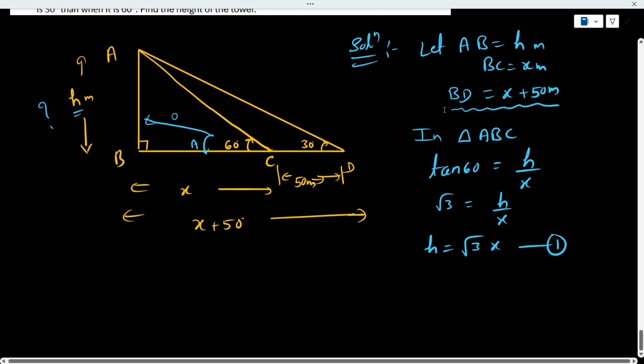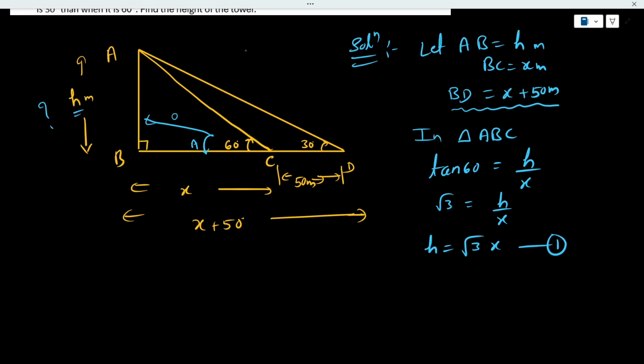And after that, what is the other triangle you can take here? In triangle ABD, right? We can again take opposite by adjacent. So we can take tan 30 degree, which is opposite h by adjacent BD, which is x plus 50.